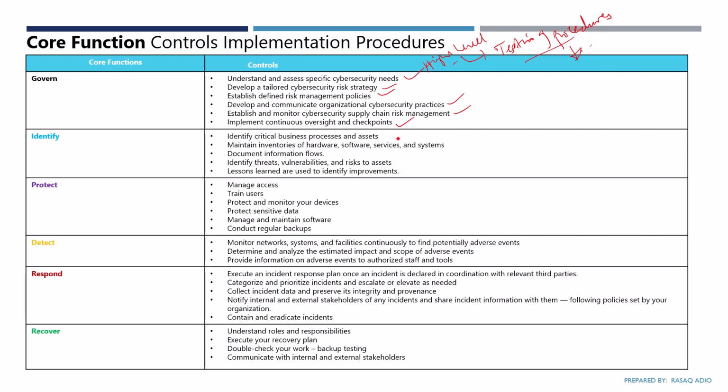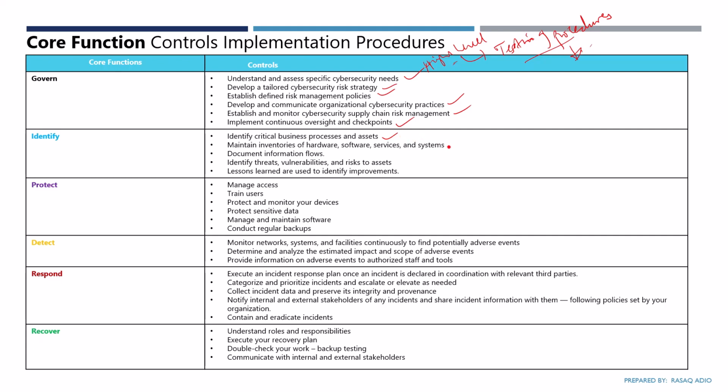Under Identify, we say identify critical business processes and assets. It's not only assets you have to identify. You also need to identify the critical processes within your organization that, if that process is down or the asset is down, will impact your organizational operations.